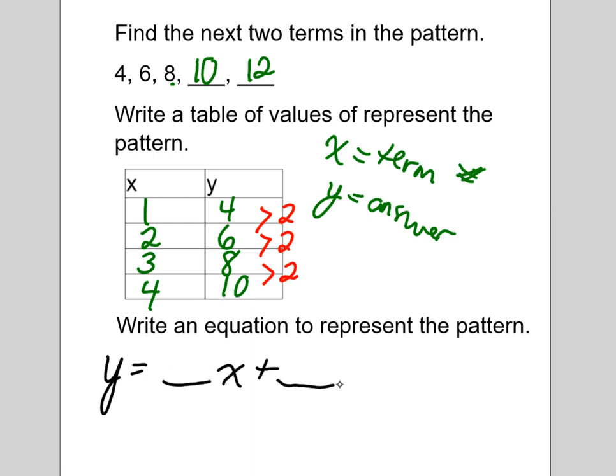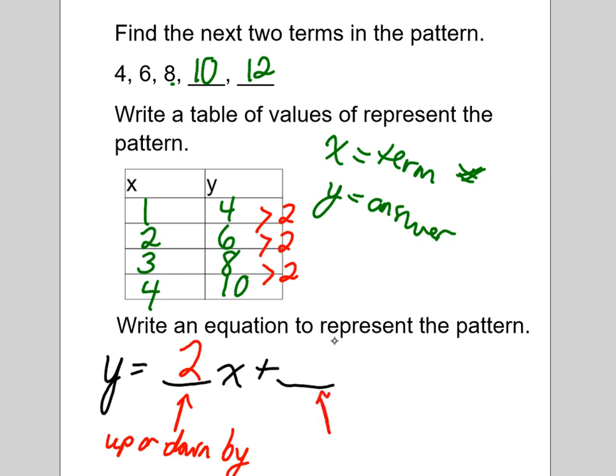All of the equations followed this kind of format, and what we went up or down by always went into this spot. Okay, that's really important. Whatever you go up or down by goes into that spot.